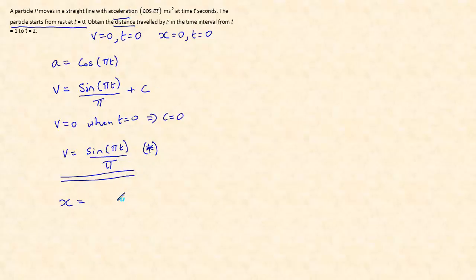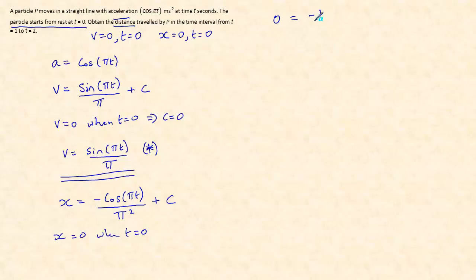So we integrate again. Sine integrates to negative cos. Divide by the differential of the inside again. And now we know, or at least we chose, x equals 0 when t equals 0. So 0 is going to be, now cos of 0 is of course 1, so this is negative 1.